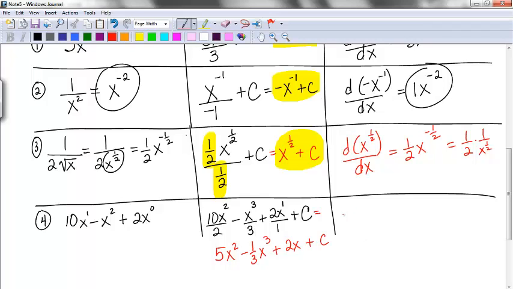Okay, and then if I took the derivative of that, and I'm writing this in the derivative, but I could use y prime. Oops, left out the x.